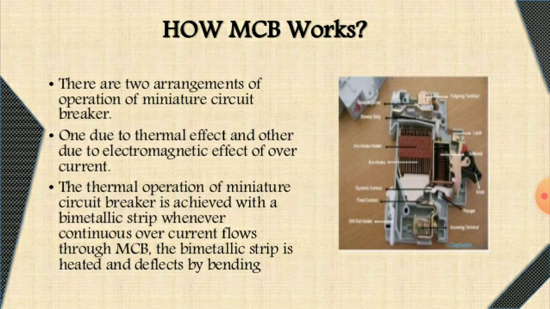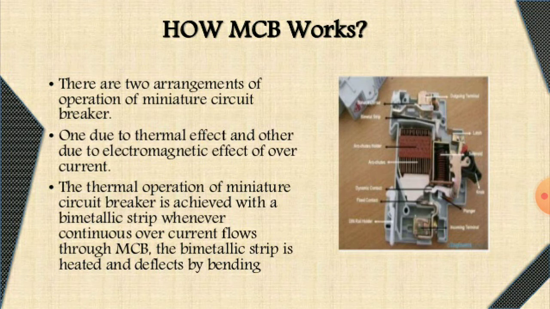So how does the MCB work? The basic principle you have to remember for this MCB is that it works on the magnetothermic release principle. It works on the magnetothermic release principle. This principle is applied for the operation of this MCB. And one more thing is that it has both a magnetic circuit as well as a thermal circuit.